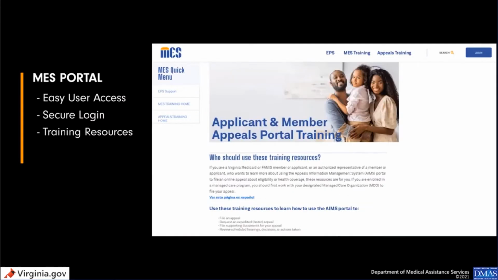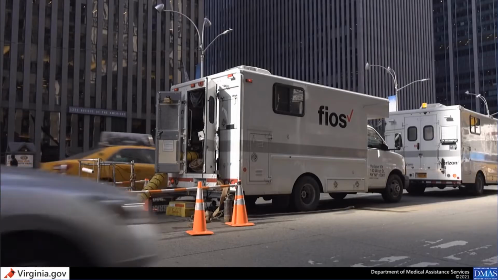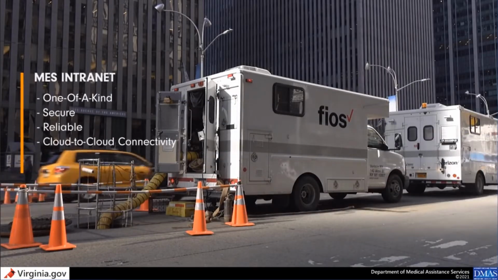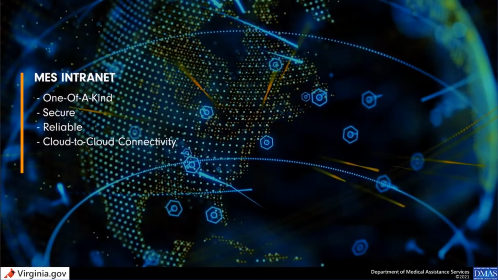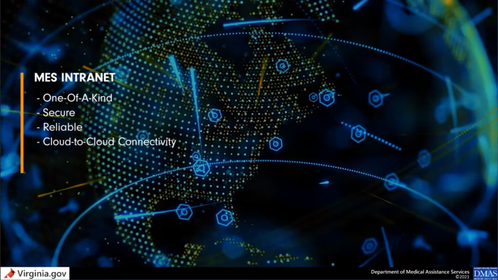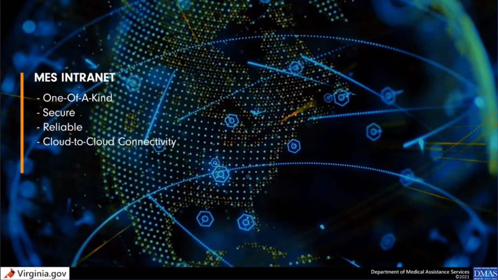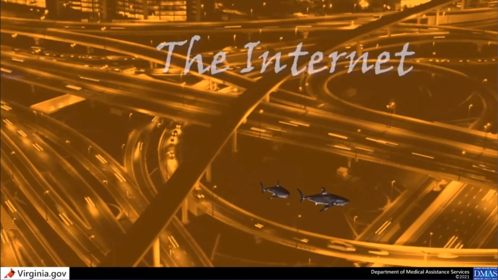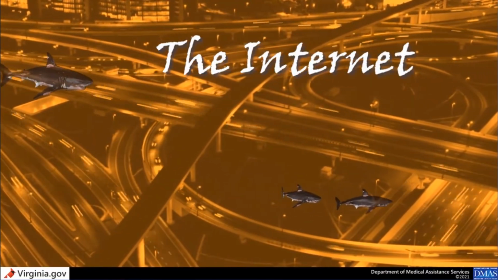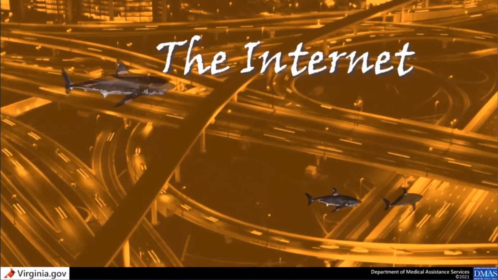In order for ISS to connect to all the components of MES, DMAS built a one-of-a-kind special network to ensure secure and reliable communications between cloud-based modules. You can imagine the internet is like this highway, filled with bad actors and a little fuzzy.